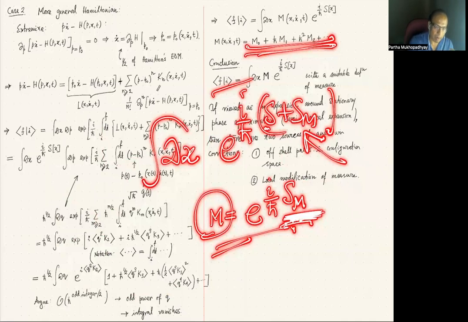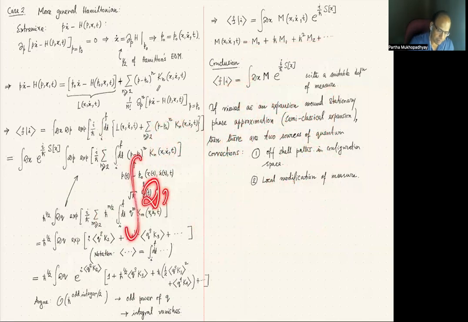If you are allowing your action to be defined in such a way that it includes quantum corrections of the Legendre transformation, then the same path integral statement is valid, because this S has the quantum corrections of the Legendre transformation.